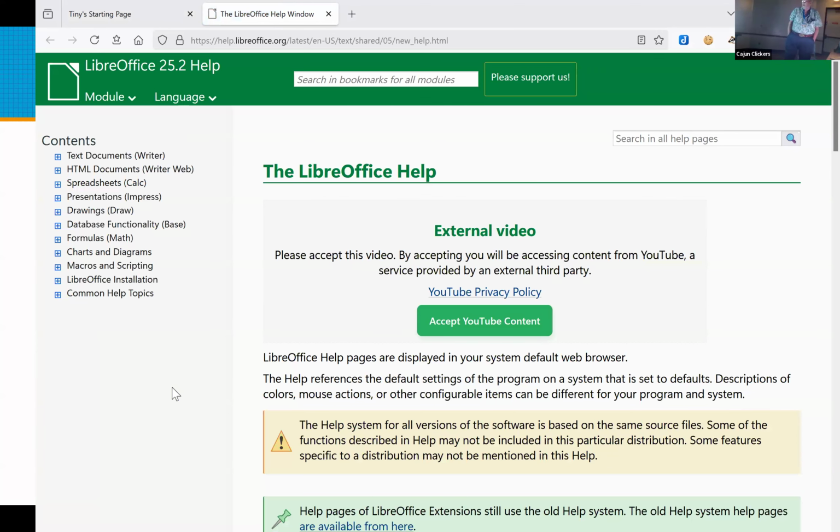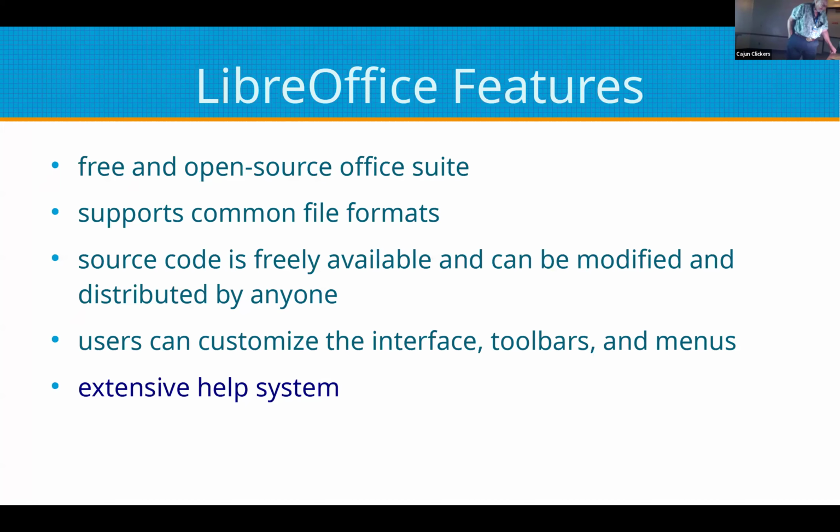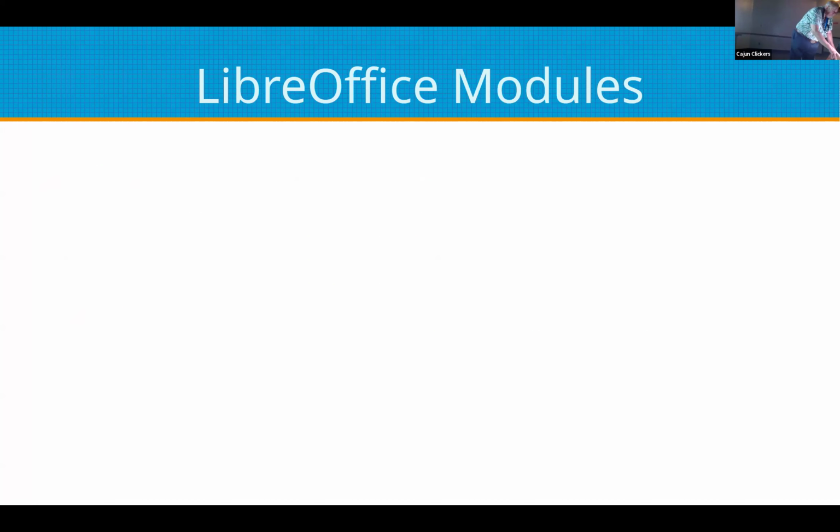This is their help, it's all online help. And not only that, but if you got a problem with doing something in LibreOffice, there's a lot of forums, a lot of websites, a lot of places, you do a search with your problem. And there's a lot of people to help you, and they'll take care of it. Okay, so they got an extensive help system.